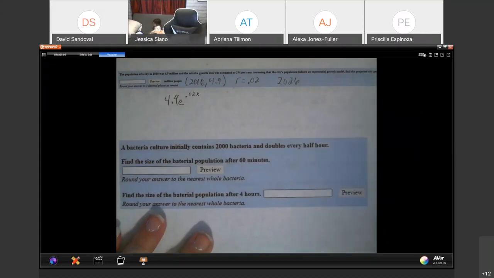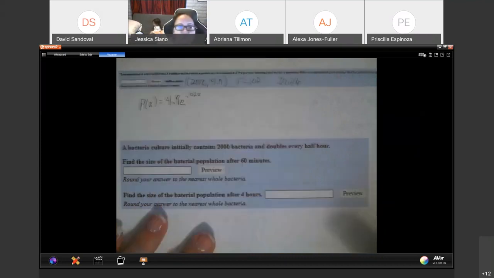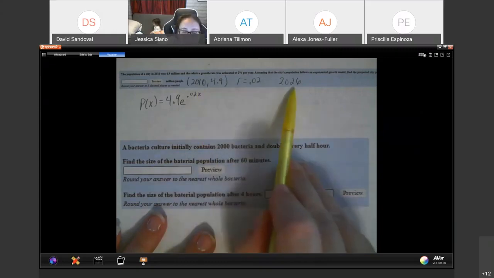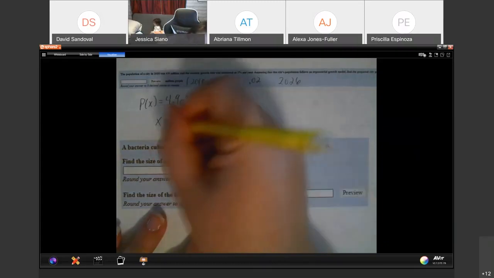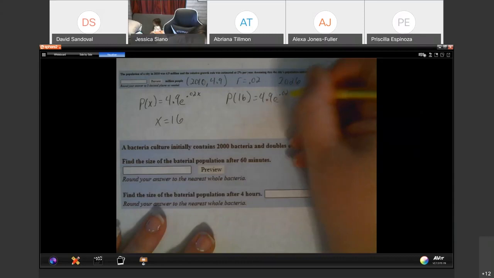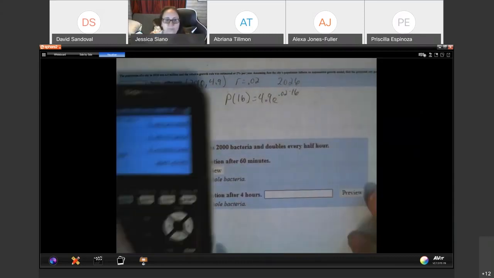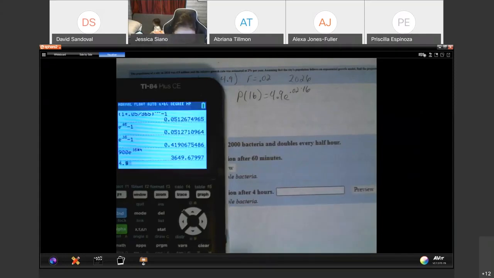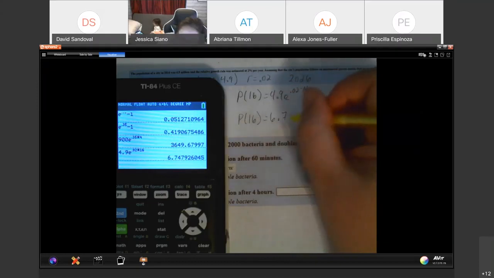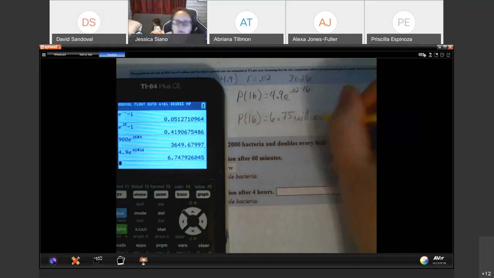That would be my function. And from 2010 to 2026 is 16 years. So 6.75 million people.